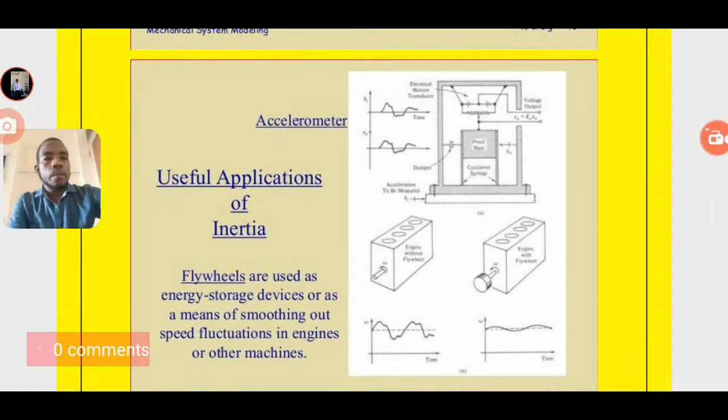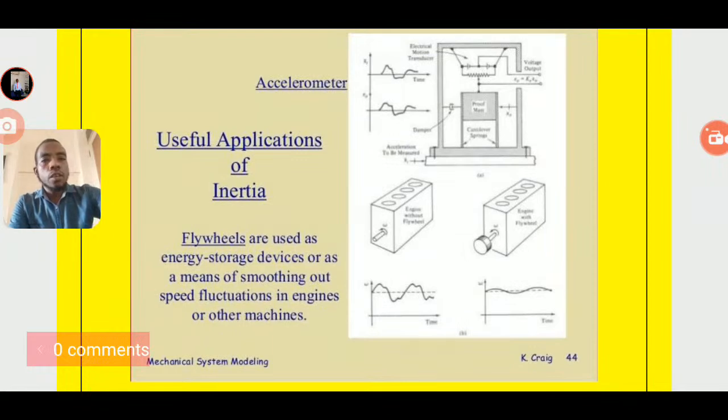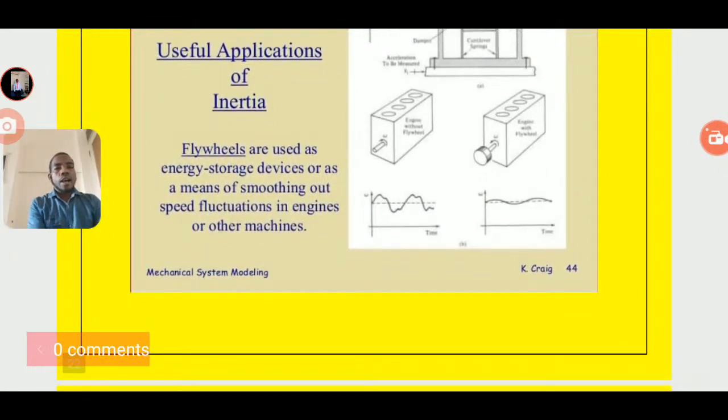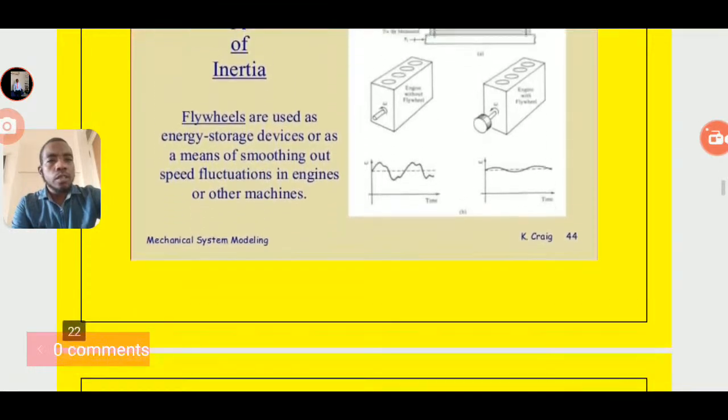Flywheels are used as energy storage devices or as a means of smoothing out speed fluctuations in engines or other machines. These are also the diagrams.